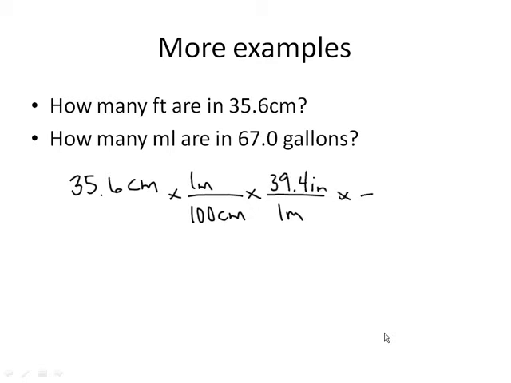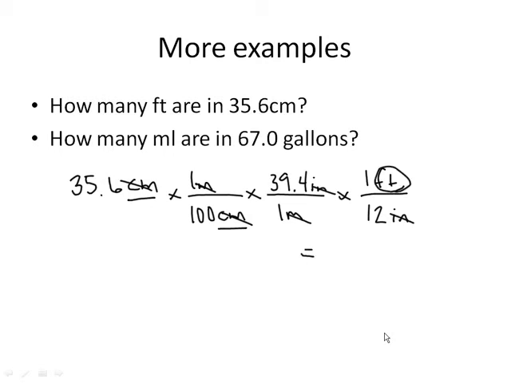And finally, 12 inches equals 1 foot. So notice I've made sure that every unit I wanted to cancel, for instance the centimeters, had a matching unit down below. So this cancels, and my meters cancel, and my inches cancel, and I'm left with feet.